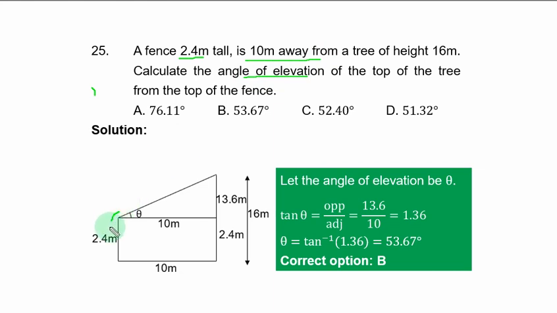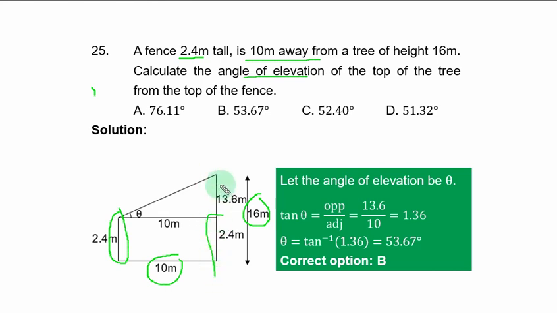So you have this as the fence and you have the tree. So the distance of the fence from the tree is 10 meters. The distance or the height of the tree is 16 meters. Meanwhile, part of the fence is also in the tree from here down.